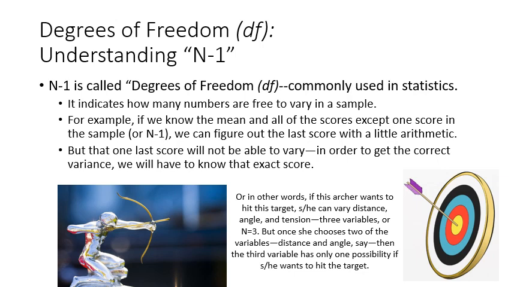But once she chooses 2 of the variables, let's say her distance and her angle, then the 3rd variable can't vary. There's only one possibility that will allow her to hit the target if distance and angle are set. So that's what we mean by degrees of freedom.